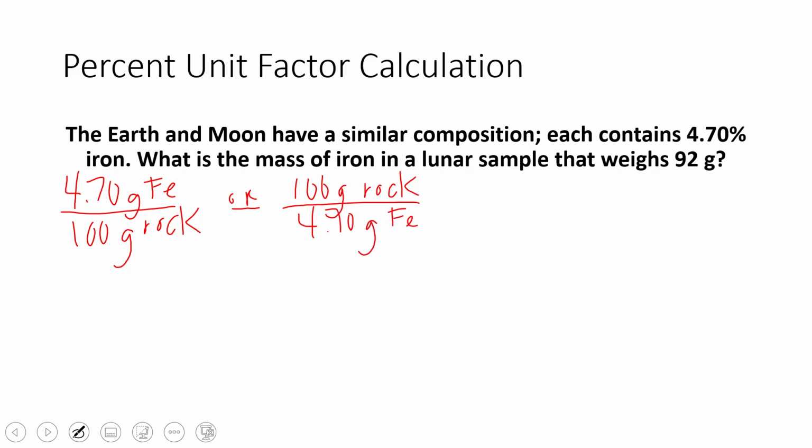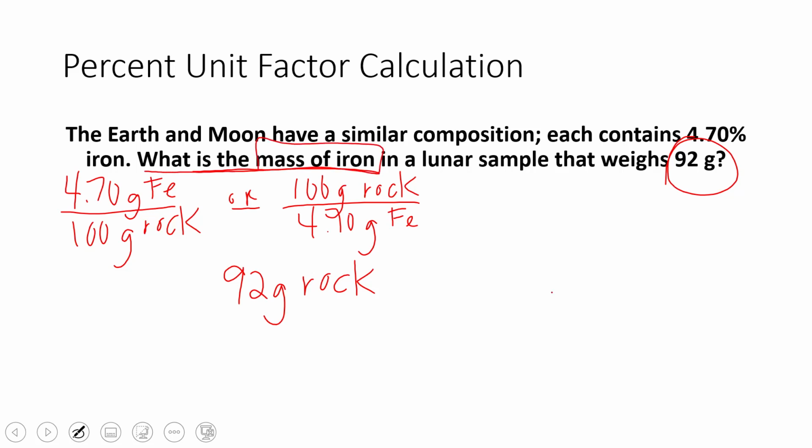What is the mass of iron in the lunar sample that weighs 92 grams? So I'm given that I have 92 grams of rock. I want to know the mass of iron.